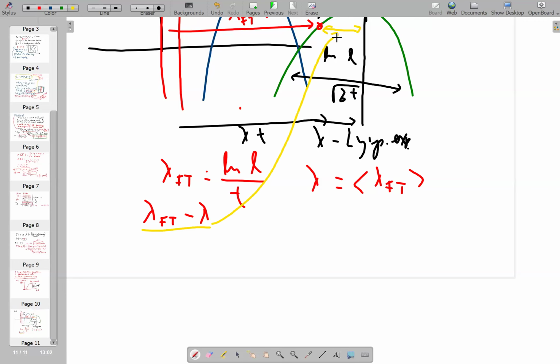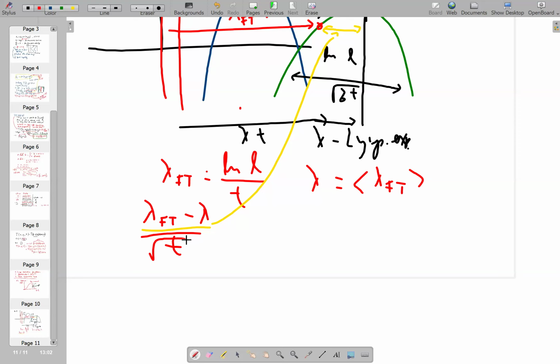Then we fix by width. And then this divided by t. All right, something like that. And then we take the square root of t. The square root is not very nice, so it's better to take the square.